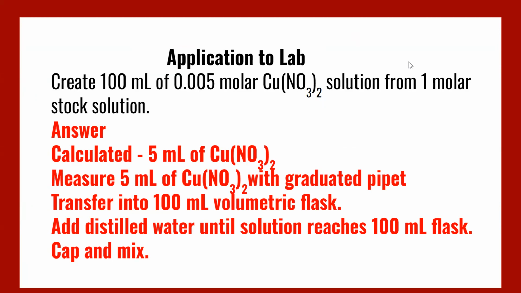Then you measure out the 5 ml of copper 2 nitrate with a graduated pipette. Then transfer into a 100 ml volumetric flask, add the water onto the solution. Where you read, your meniscus has to sit on the line. And you have to take the precaution and read it accurately.